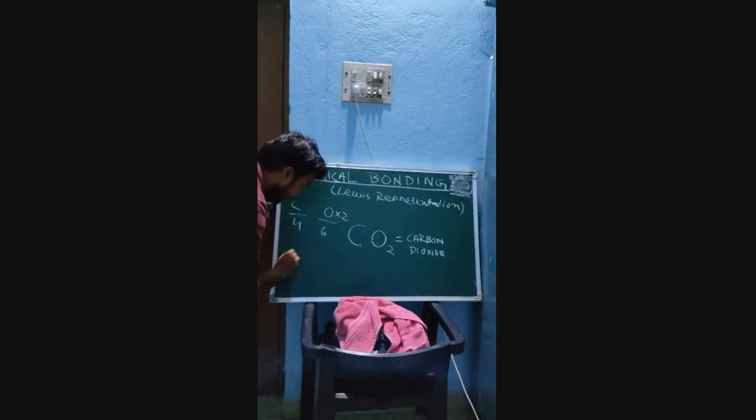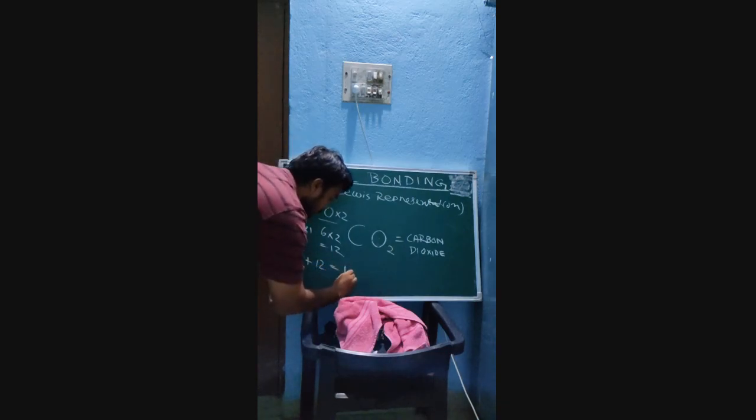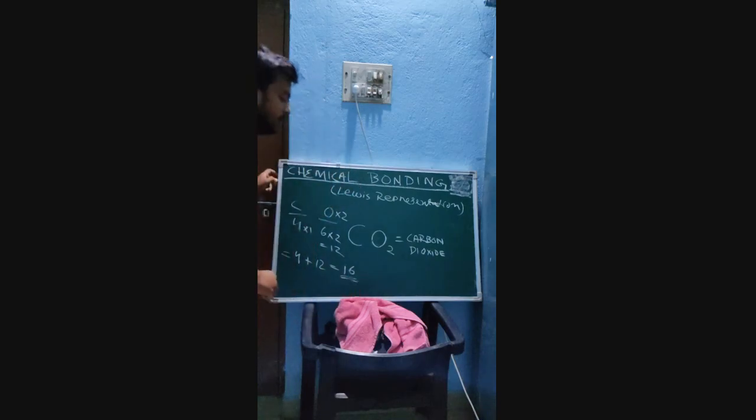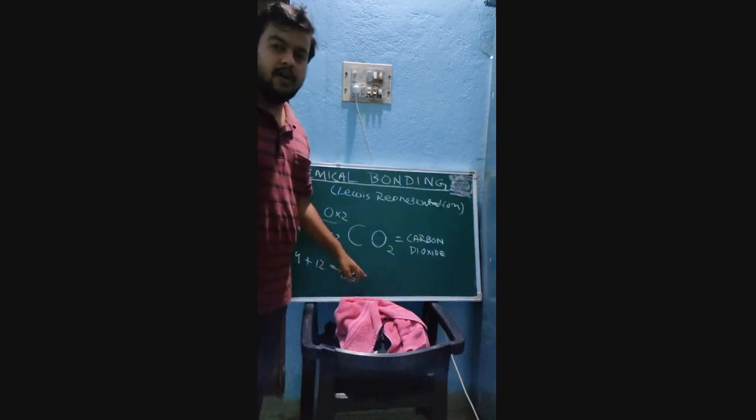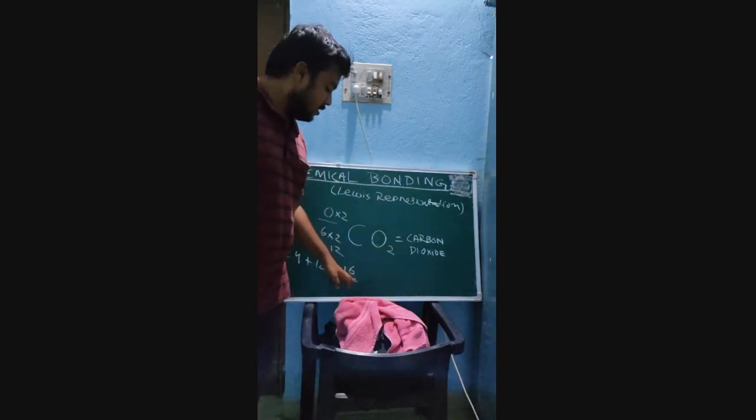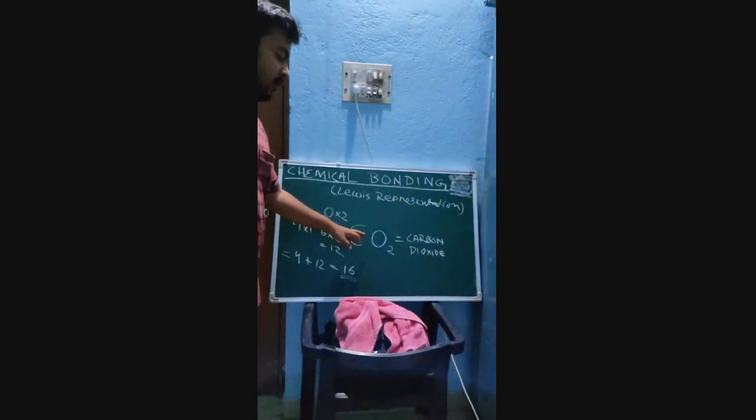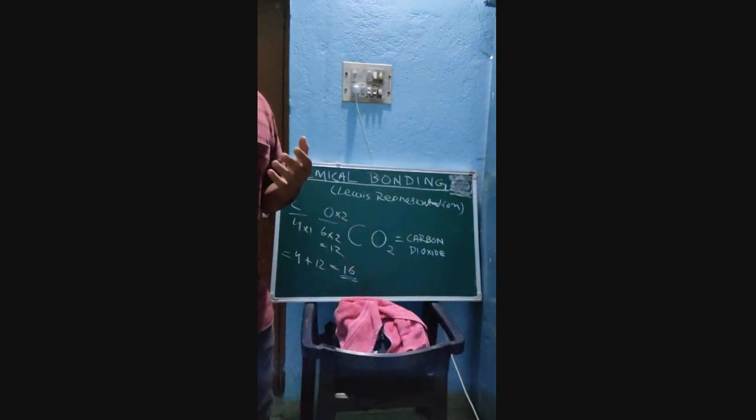So the total number is 4 plus 6 into 2, which is 12, so 4 plus 12 is 16. So there are 16 valence electrons present in the molecule. It means there are 16 electrons that can take part in chemical bonding or a chemical reaction.